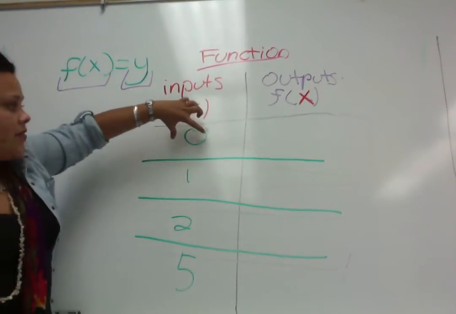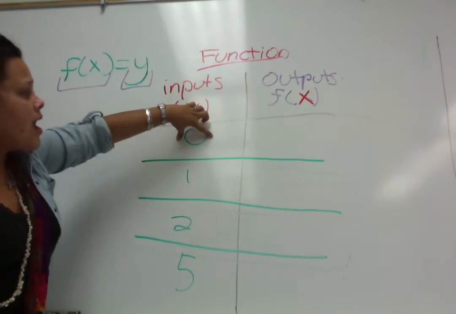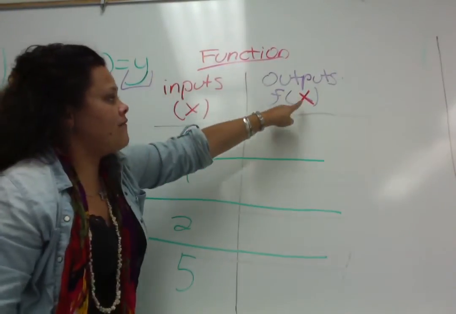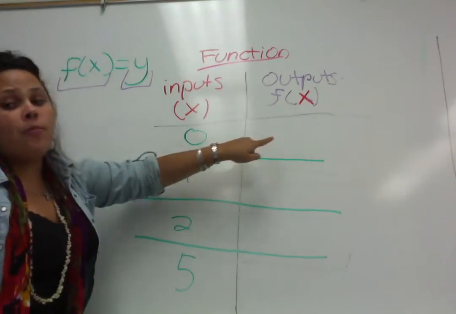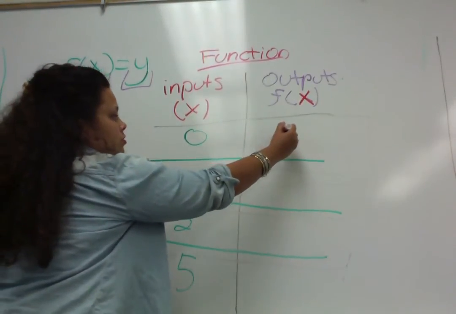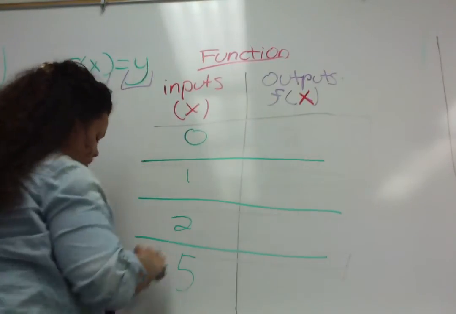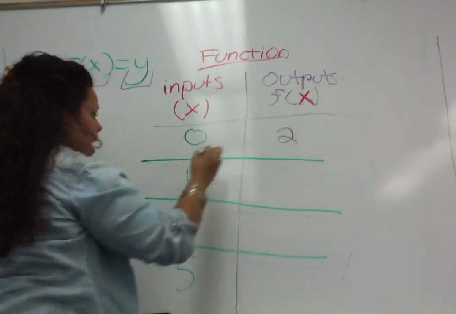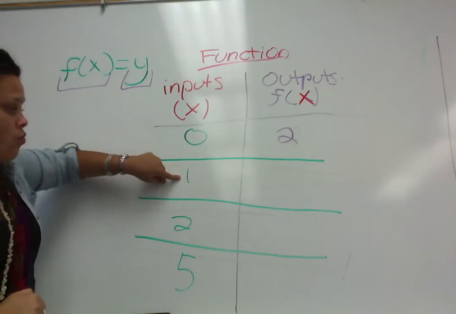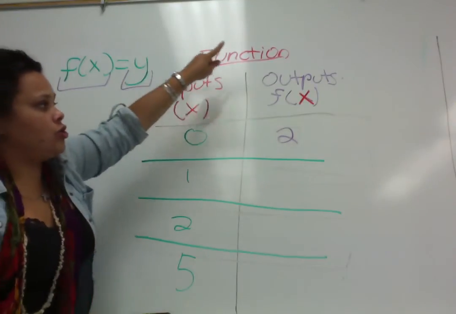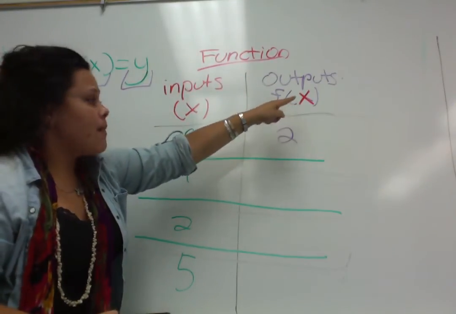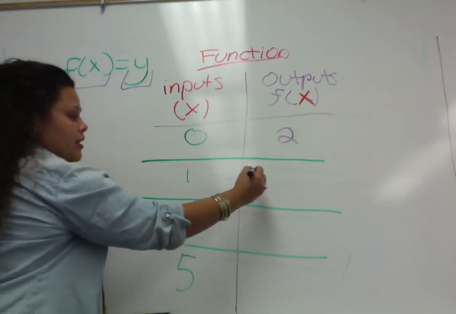So if I take this input and I put it into my function machine, my output will be 2. If I take this input, 1, put it into my function machine, my output will be 3.